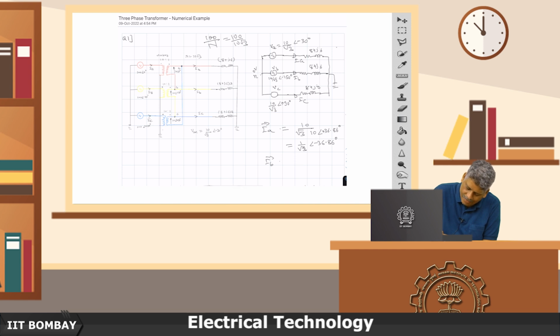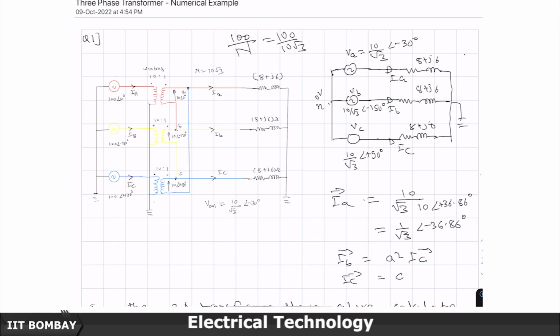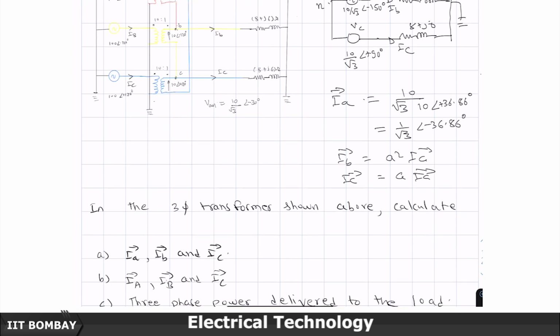And then IB is going to be a square IA and IC is going to be a times IA. So I don't need to calculate them again, but you can calculate it and get the exact numbers IA, IB and IC.